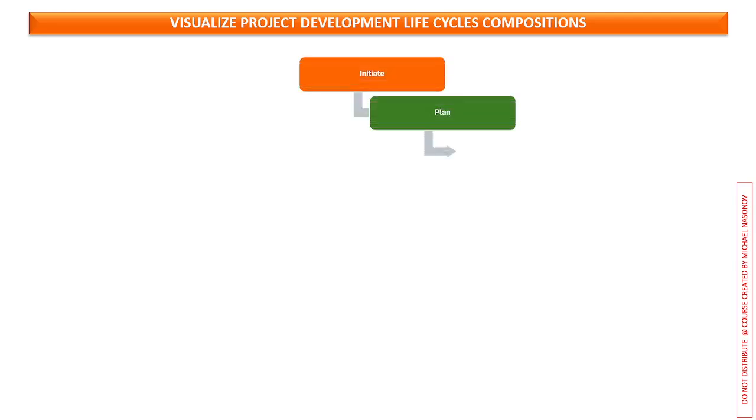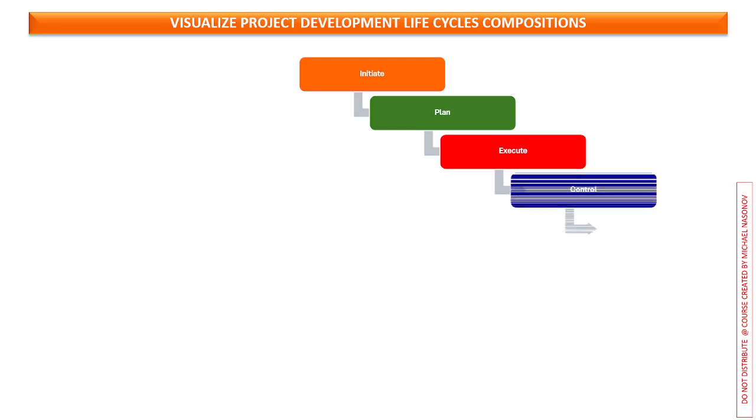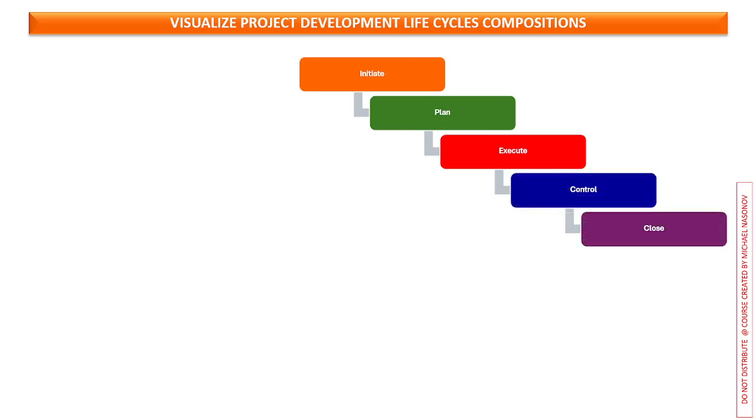We're moving on. Right now, I would like you to simply visualize the project development lifecycle in different types of composition. Let's start here. As you can see, it's kind of a ladder.